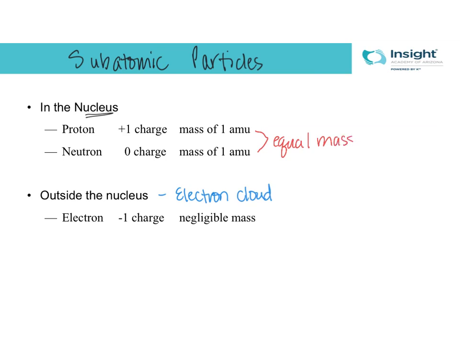And then we associate the electron with having 0 mass. All right, they are so tiny in comparison to the proton and the neutron, their mass doesn't impact the overall mass of the actual atom.